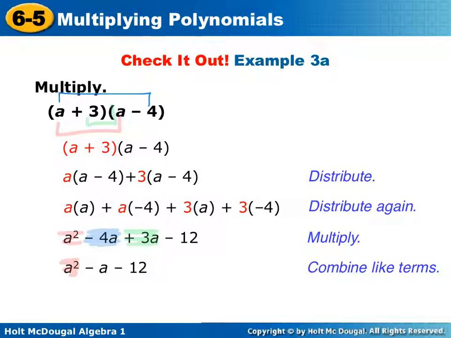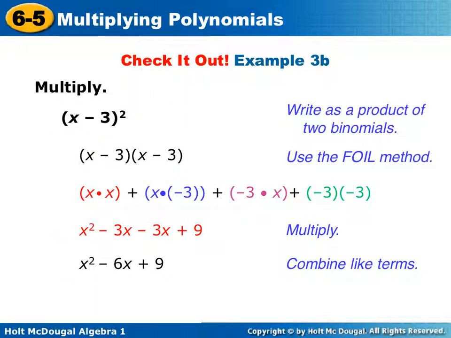And then last, positive 3 times negative 4 is negative 12. Again, group the middle ones, giving you the negative a. Again, a binomial squared, so rewrite it, write each one 2 times, and then FOIL or distribute.